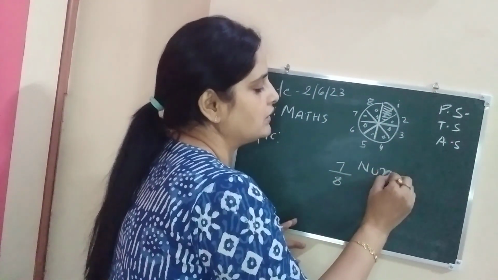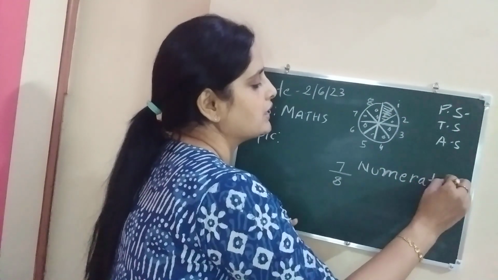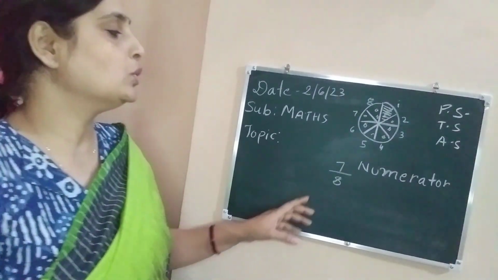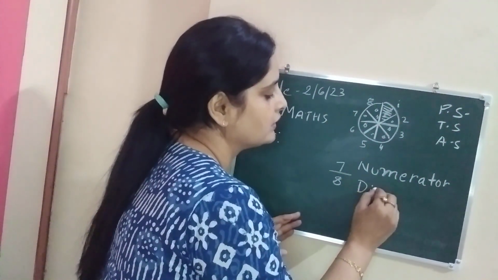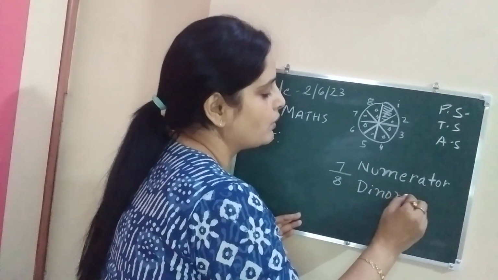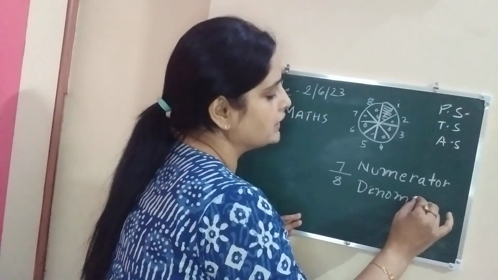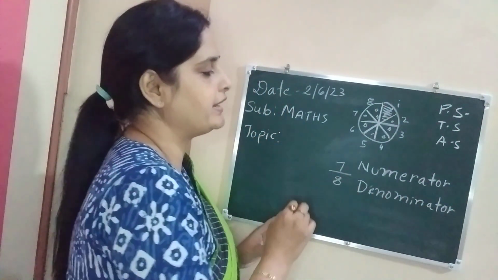That is called the numerator, right? And the number which is right below the dividing line is called the denominator. That is called the denominator, right? And this is called the dividing line.